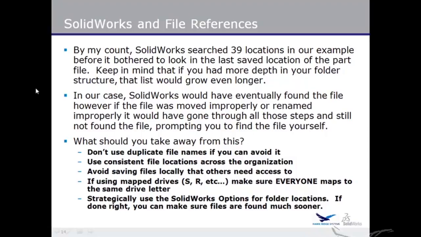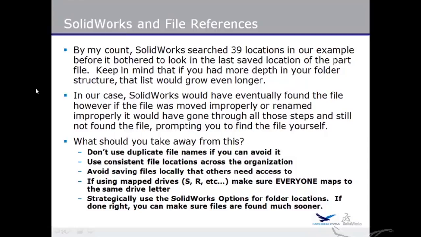Now 39 locations may not seem like a lot, but if you have very, very deep folder structures, if you have a lot of subfolders, that number is going to skyrocket exponentially. And if those locations are also server locations, it's going to search those much slower than it can search local locations.